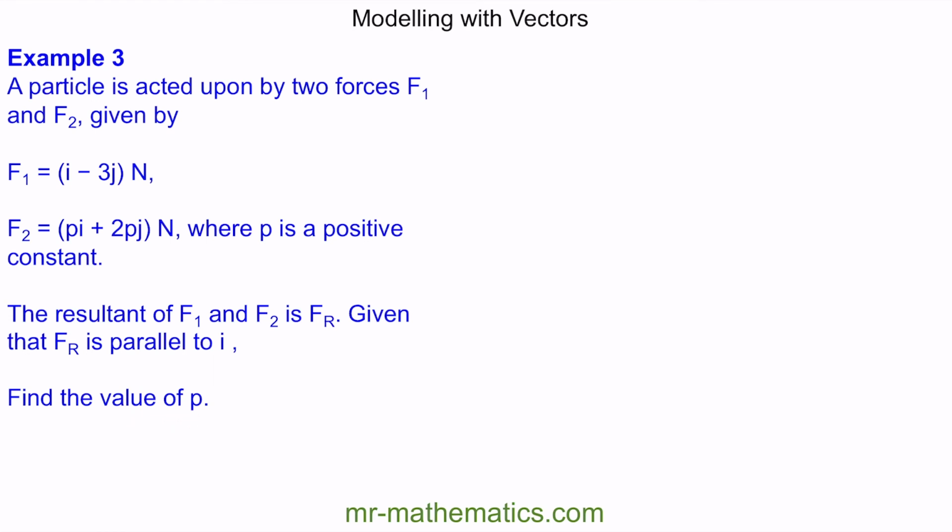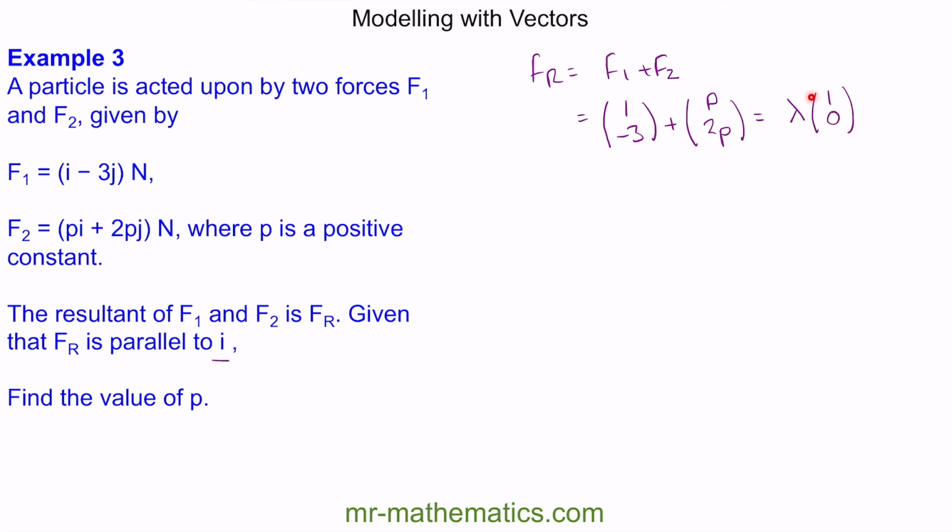So the first thing we're going to do is work out the vector Fr, which is F1 plus F2. And to do this, we'll use column vectors. So for F1, we have 1 and minus 3, plus F2, which is p and then 2p. And this is parallel to i, which means it has some scalar quantity of 1, 0.